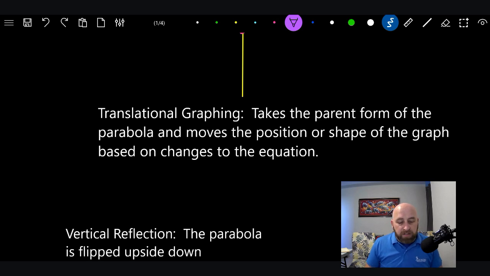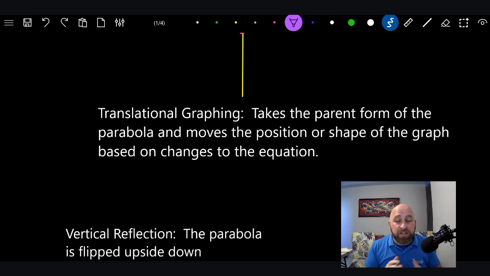The first thing that it talks about is what's called translational graphing. Translate. What does it mean to translate something? Well, if you're translating in language, it means you're taking it from one language to a different language. If you're translating in math here, you're taking something from one position on the graph to a different position.